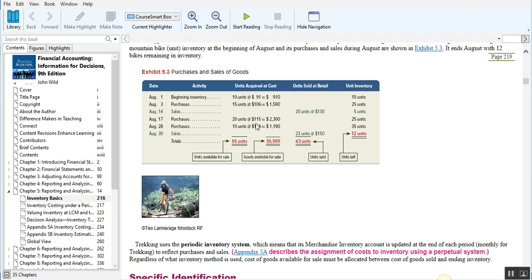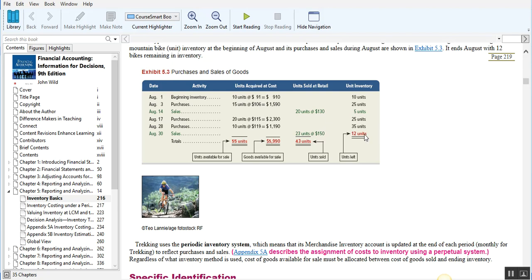And LIFO assumes that the last items you purchased are the first items you sold. So it's going to assume that your purchases came from this layer of inventory on August the 28th, August the 17th, August the 3rd, and whatever remains is going to be the beginning inventory and a part of what's in this purchase on August the 3rd.